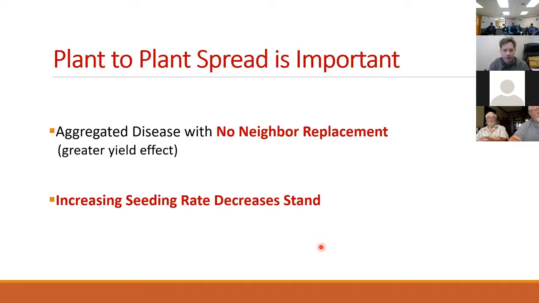So you don't have as big a yield effect in that situation. But when you have a disease like Rhizoctonia or Pythium, this aggregation of disease means that the yield effect per loss in stand is higher. And so these are diseases that I want to particularly take control of.